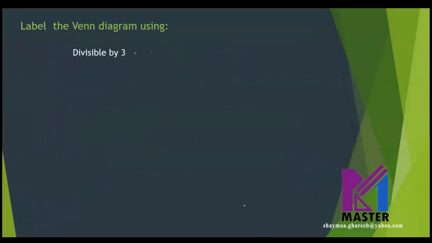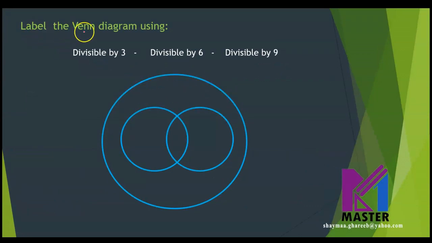Let's see the next question. Label the Venn diagram using divisible by 3, divisible by 6, and divisible by 9. What do you think? I have 3 circles, as you can see, or 3 areas: a big one that includes 2 areas inside. So let's try which one I should put in the large circle here.